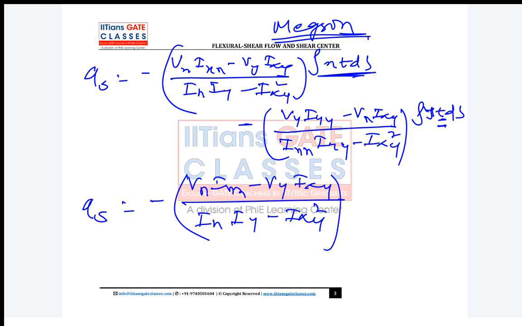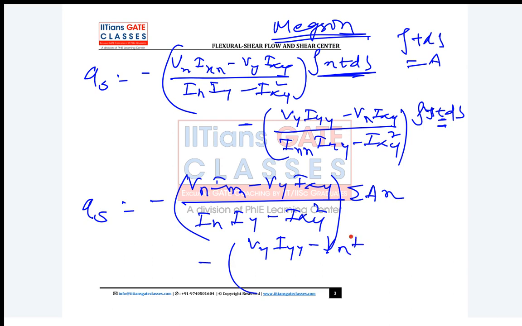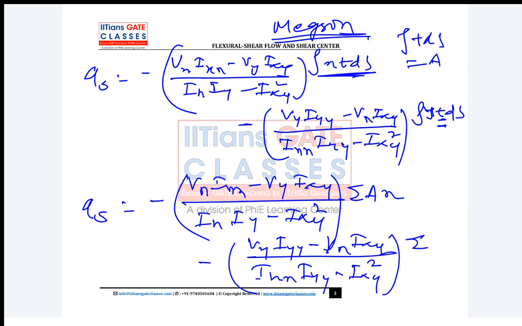Now in this form, this integral t ds will be A. So it will be sigma A x, minus Vy Iyy minus Vx Ixy upon Ixx Iyy minus Ixy square, then sigma A y.